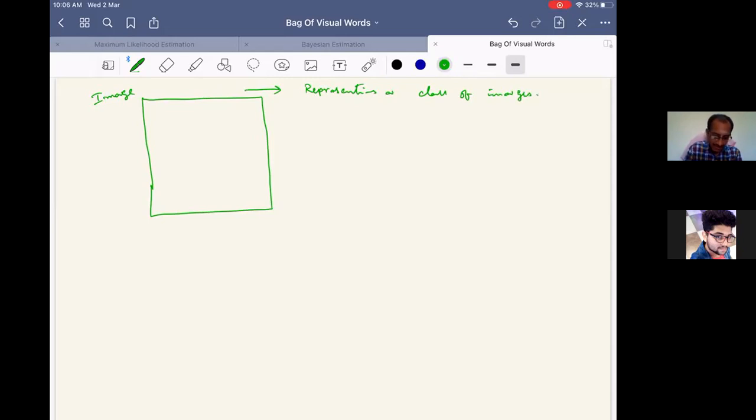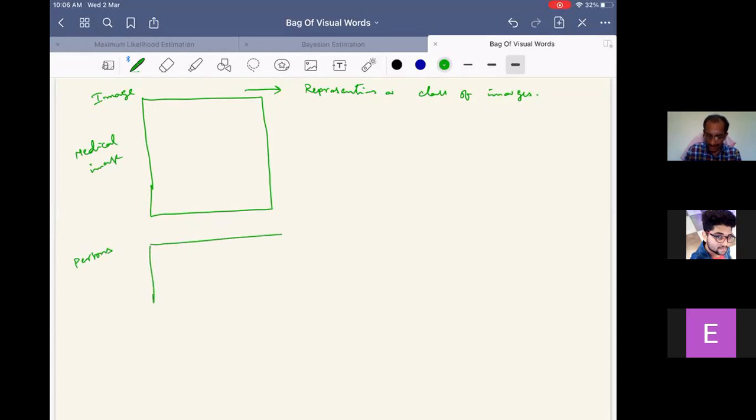Let one class of images be, say, medical images. And then we have another class of images, let it be persons, or faces or whatever. So images related to persons.